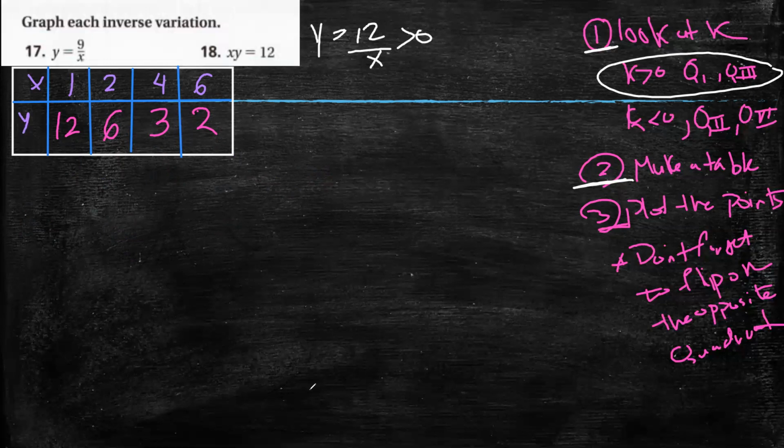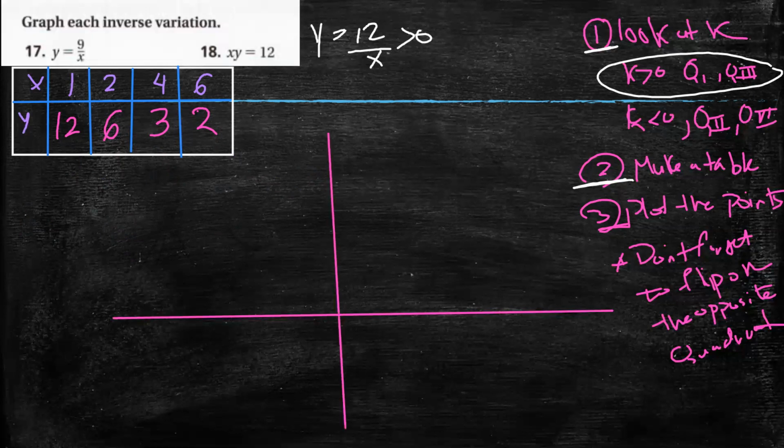So let's now draw the x, y axis. Here we have 2, 4, 6, 8, 10, 12, 14, and 16.